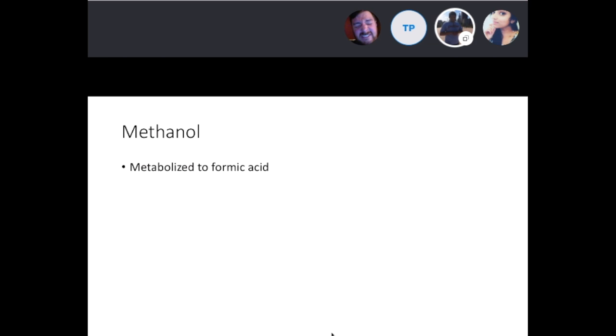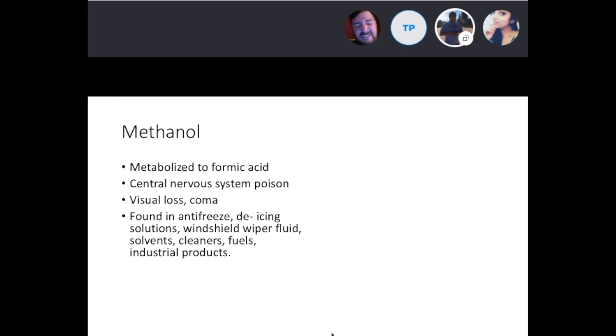So with methanol, it metabolizes to formic acid, and this is a very big central nervous system poison. Usually patients will have vision loss or coma, and it's found in a lot of things such as antifreeze, de-icing solutions, and so on.